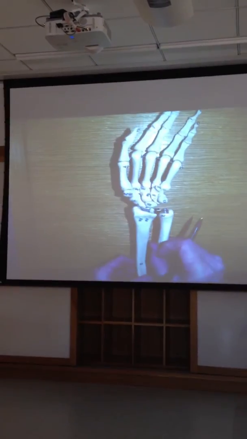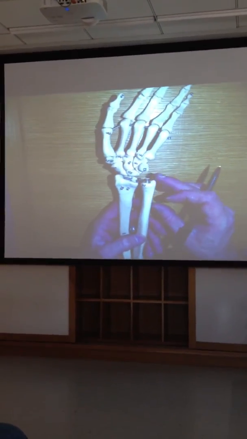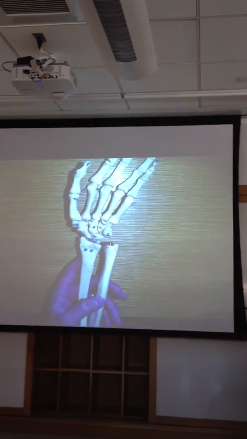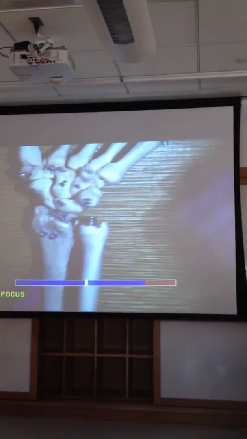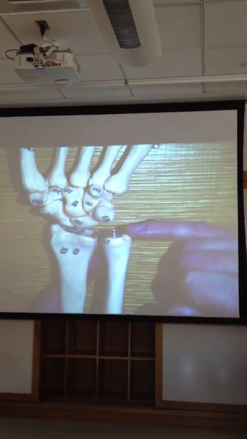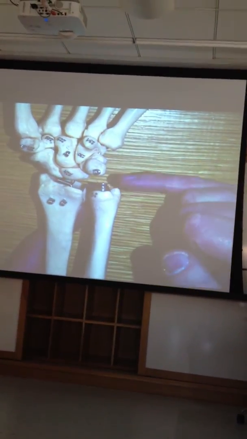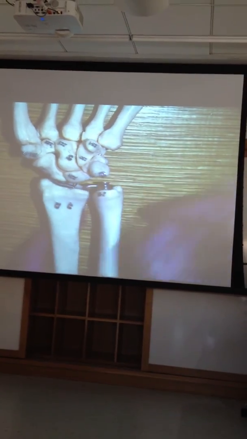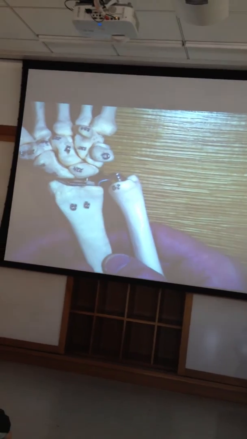If you go down to the very end of your forearm bones, your radius and ulna, there's little bony projections there called styloid processes. Each of them has it. This little part on the ulna is known as the styloid process of the ulna. Over here, this is the styloid process of the radius.